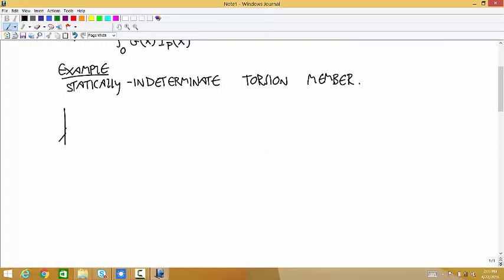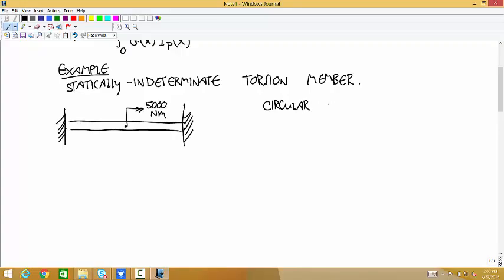Okay, so let's say that we have this member that's fixed on the left and fixed on the right. And in the middle, there's a torque applied of 5,000 Newton meters. It's a circular cross-section with an area equal to 0.01 meters squared.